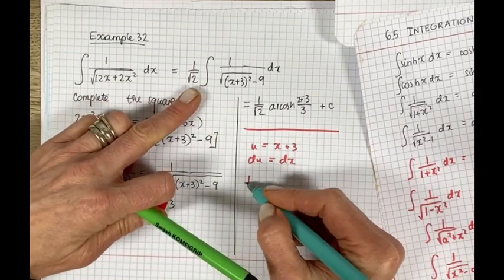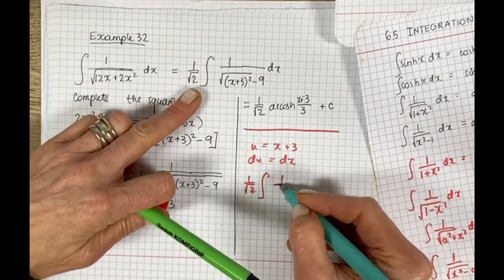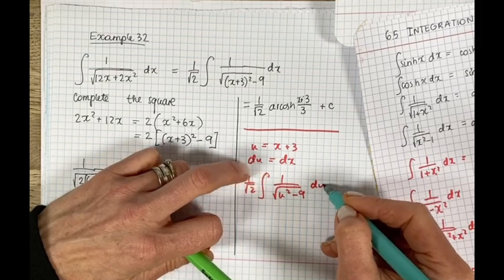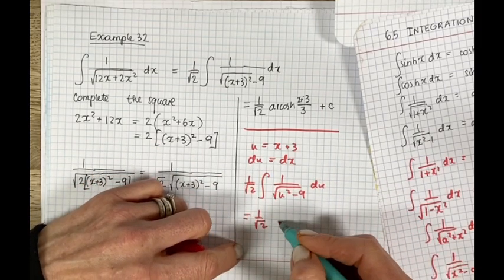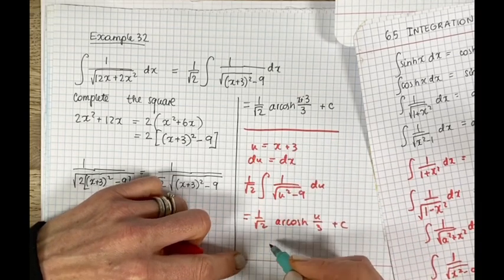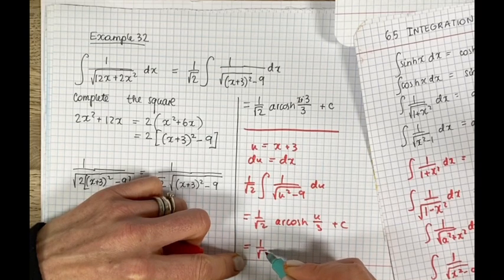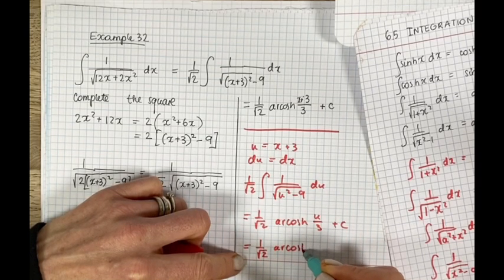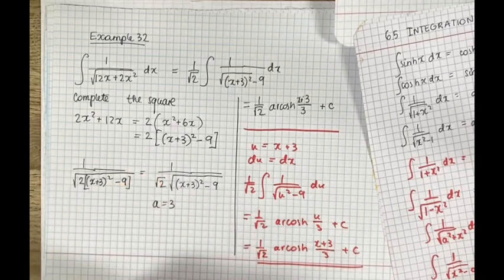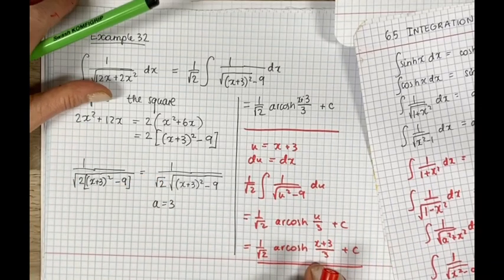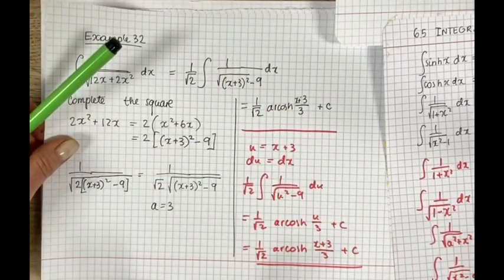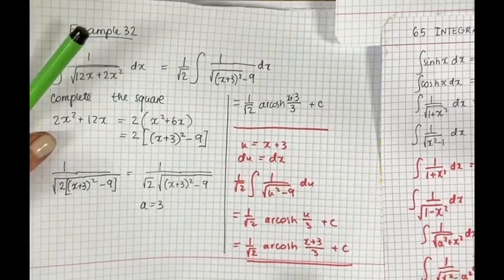Over here it will become 1 over root 2, and then 1 over square root of u squared minus 9 du, and then you can see that it's straight away arccos u over 3 plus c, but with u being x plus 3, you may write x plus 3 over 3 plus c at the end. I did it without this because it's a linear bracket. But if you go for substitution, the awkward part in here is substituted by u, and then you can clearly see the formula.